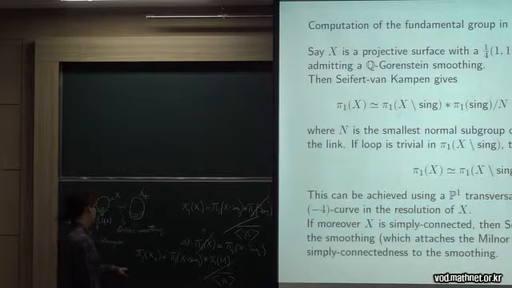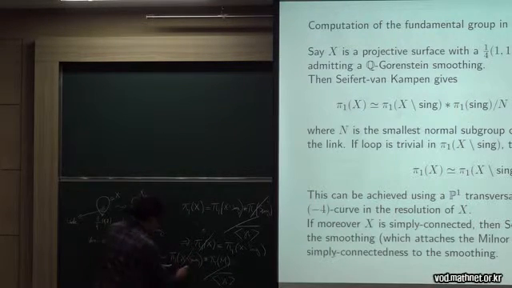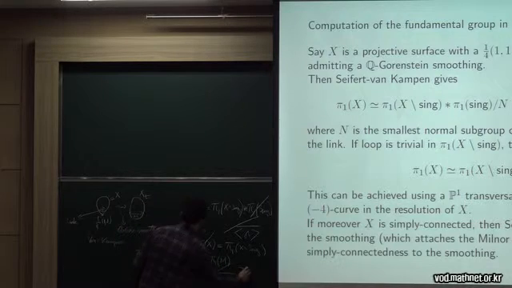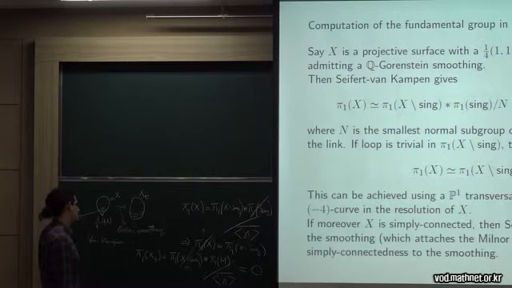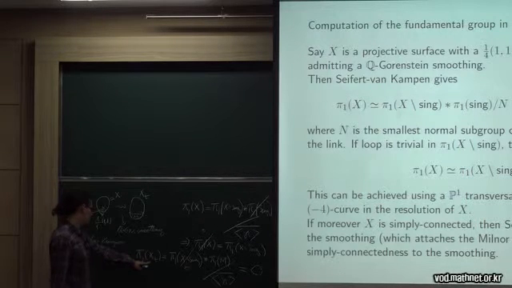But in here, what happens is that this is 0, and so you have to quotient in here, but this generates that group. So this would be 0. And that is the way you compute this fundamental group.